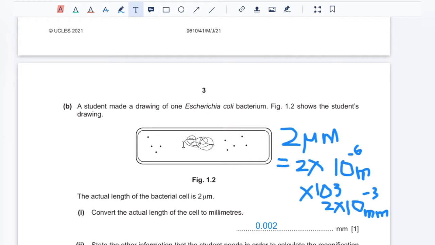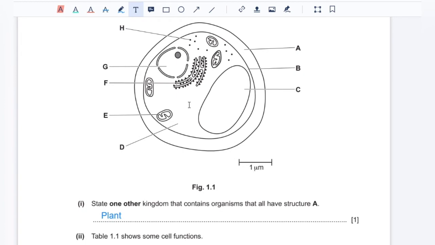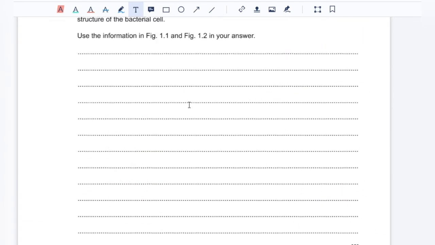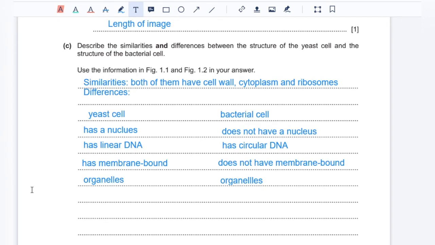Bacterial cells, as you can see, do not have any membrane-bound organelles like the mitochondria or vacuoles, whereas the yeast cell does have them. So yeast cells also have membrane-bound organelles, which the bacterial cell does not. I'd suggest that you draw 2 columns for the differences, like I have separated them.